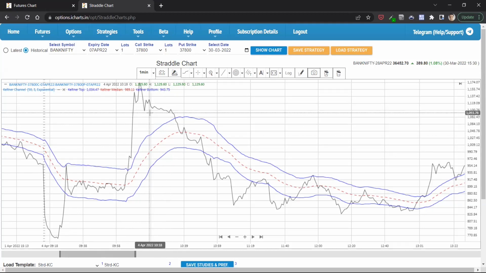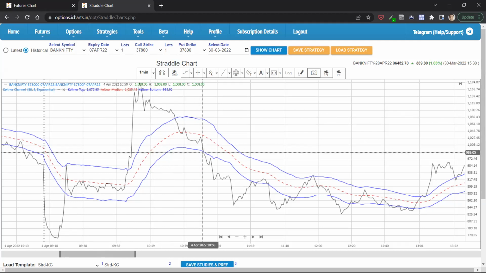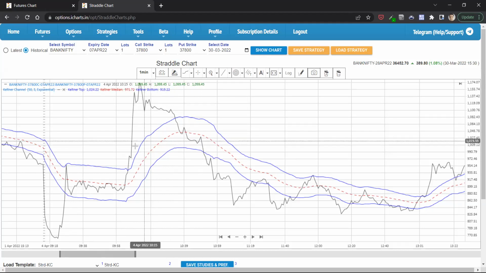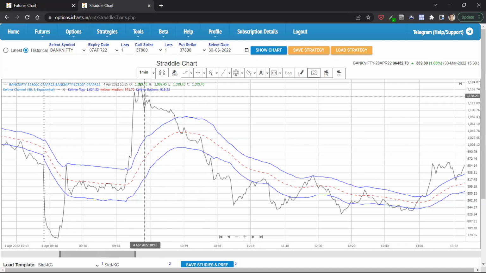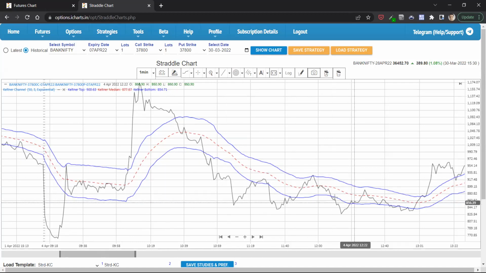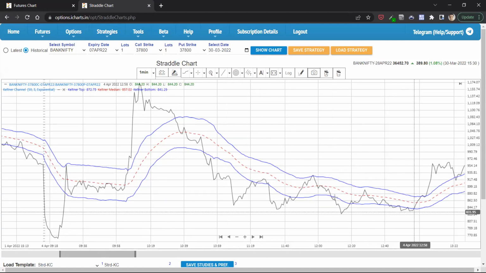What that will do is, if the trend continues, it will work out fine, or you exit as soon as the straddle price, you keep monitoring the straddle price, goes back below this line. You exit the hedge that you have taken on the call side, and then you are again in a straddle, and you can continue holding it.